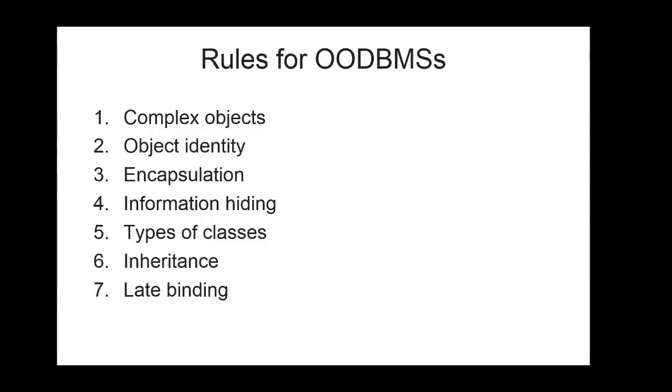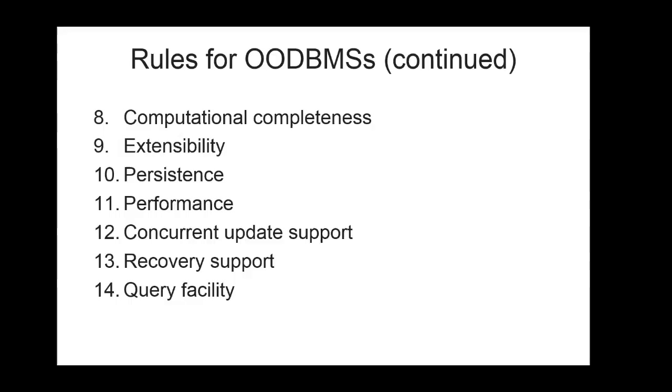Inheritance. An object-oriented database management system must also support inheritance, late binding, as well as computational completeness. Also, extensibility. An object-oriented database management system comes with a set of predefined data types, such as numeric and character. It should be extensible, meaning that it is possible to define new data types.